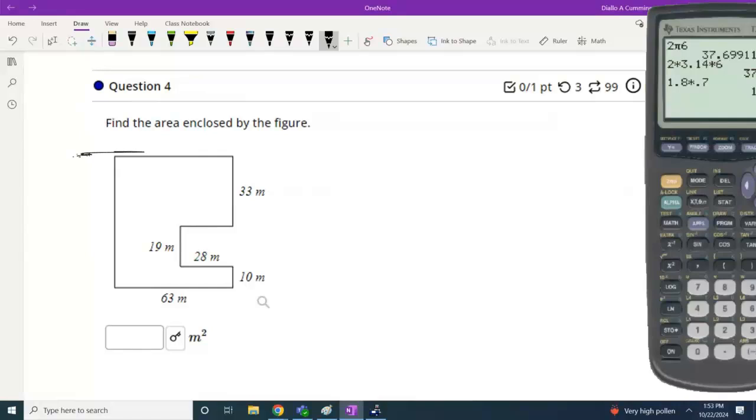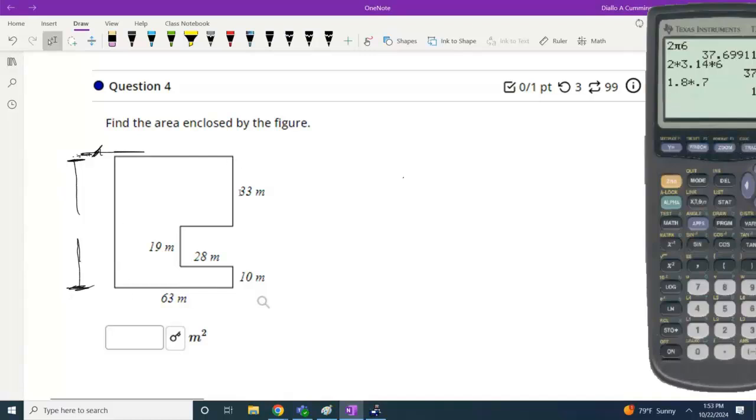width and the overall length. So what is the overall height? Well, I'm going to take all of these vertical line segments and add them all up to give me this total vertical height.